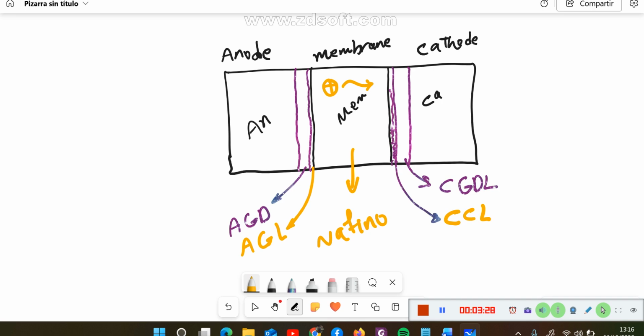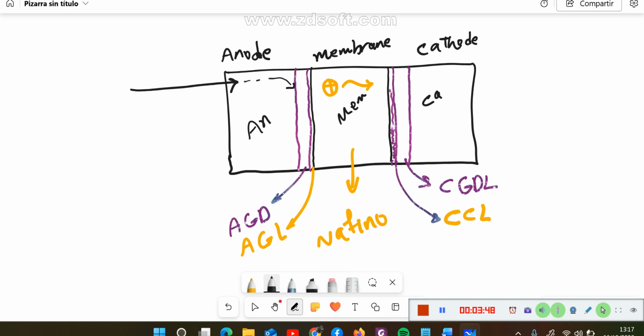Let's start with the anode side. On the anode side, the hydrogen enters the system and comes to the catalyst layer through the gas diffusion layer.